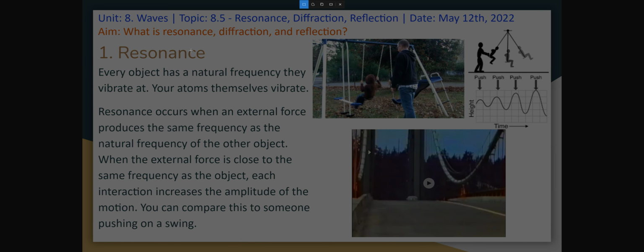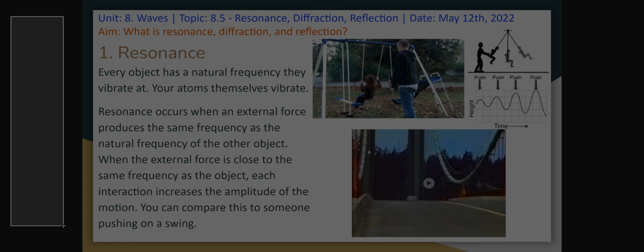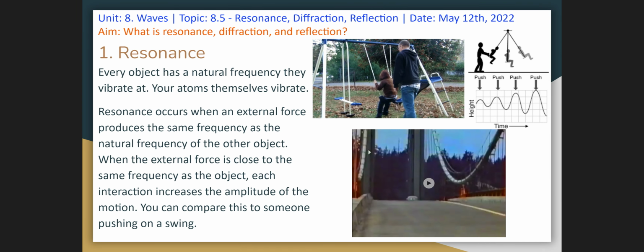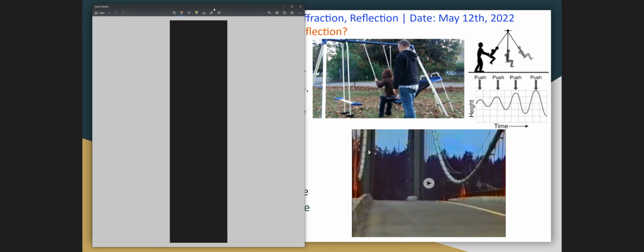Take a look at this. So you'll see here, objects vibrate at a natural frequency, right? There's always a certain frequency that objects vibrate at. Kind of like a kid on a swing moving back and forth, everything's vibrating at a certain frequency.